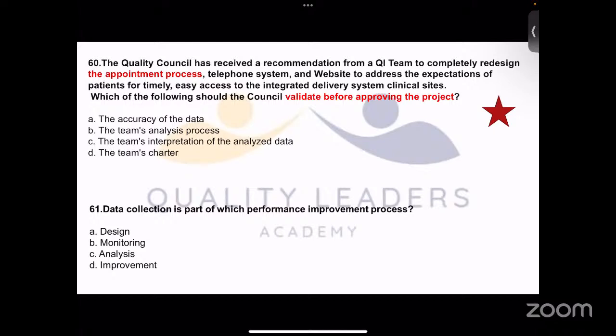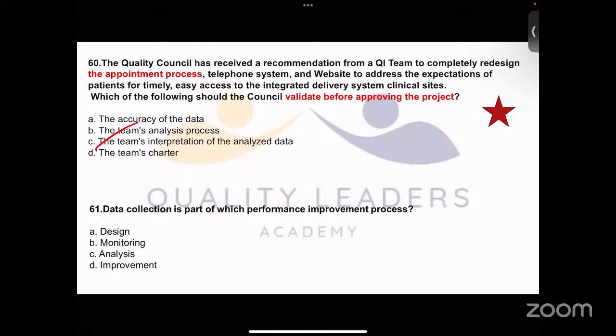Okay, what's the answer? The answer here is letter C, the team's interpretation of the analyzed data. Because the team's ability to correctly interpret the analyzed data, as interpretation is the most critical part of the data analysis.